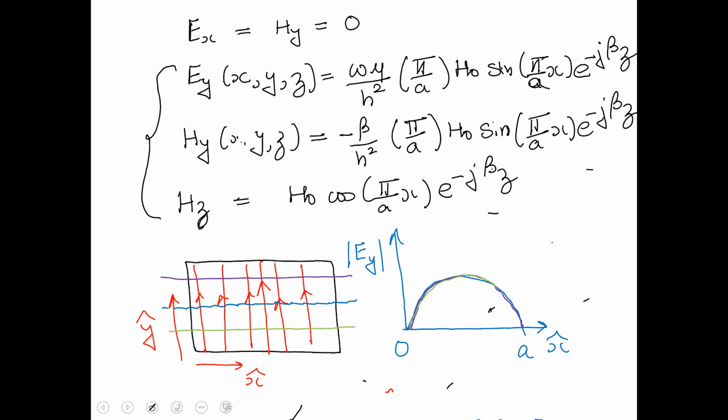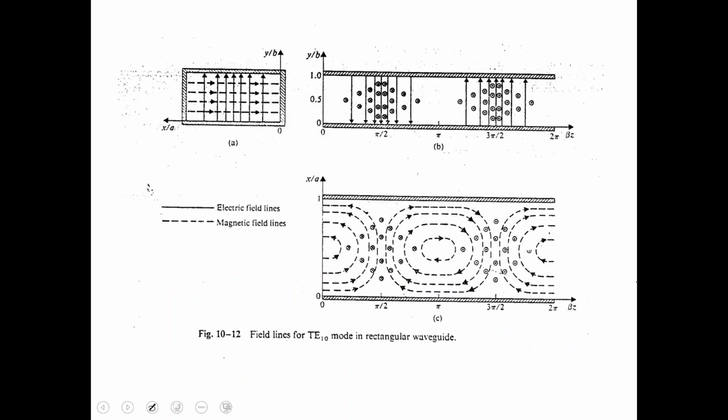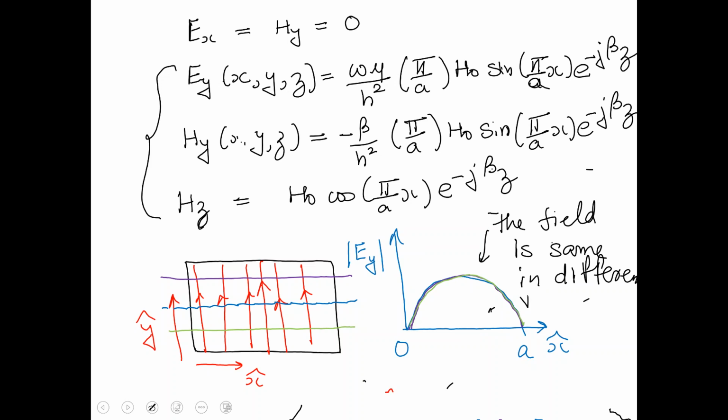The field is going to be the same in different values of y. It doesn't matter whether I take a cut in the center or take a cut closer to the plates or wherever I go, the field is going to be exactly the same.